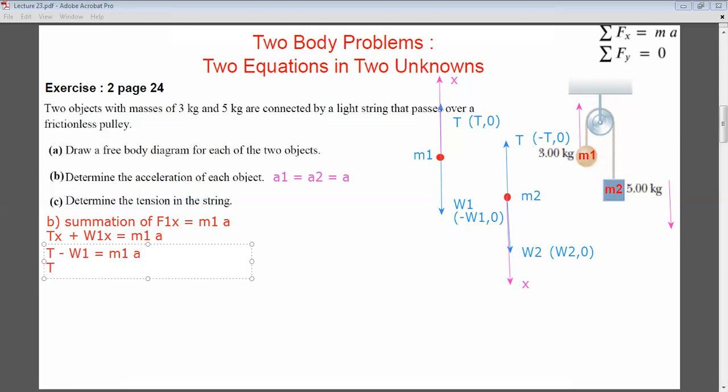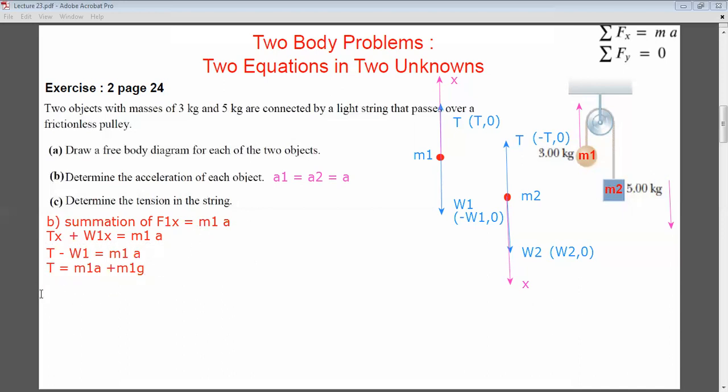So T is equal to m1a plus W1, which is m1g. This is T, from the summation of F1x equal to m1a.